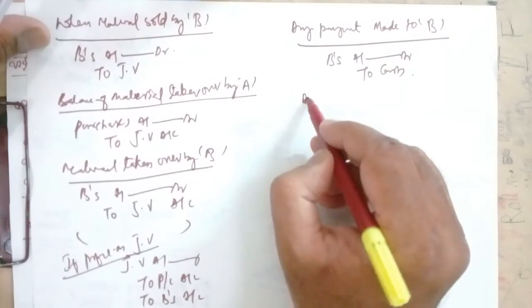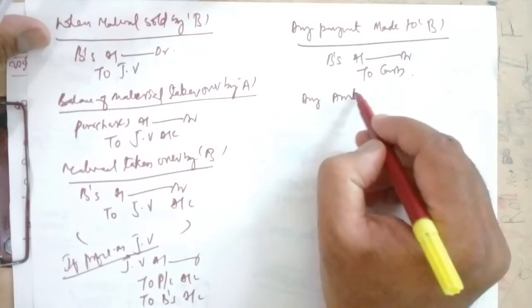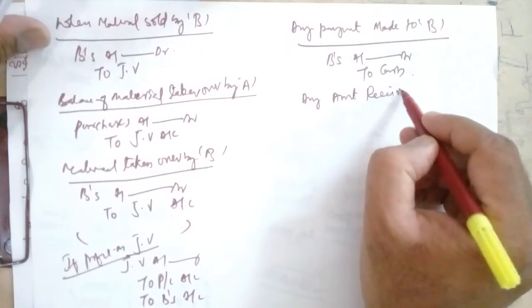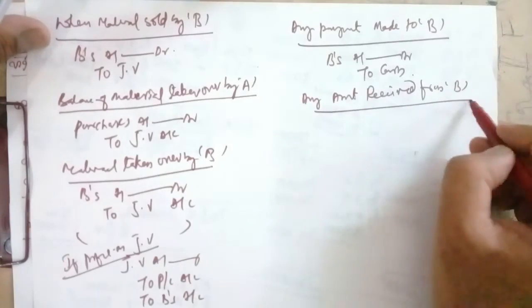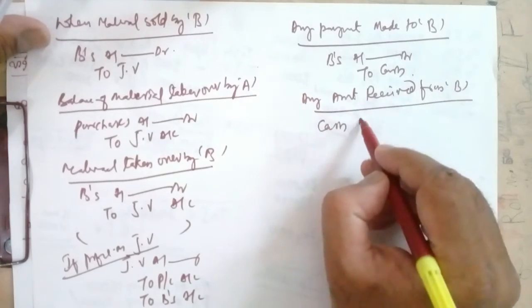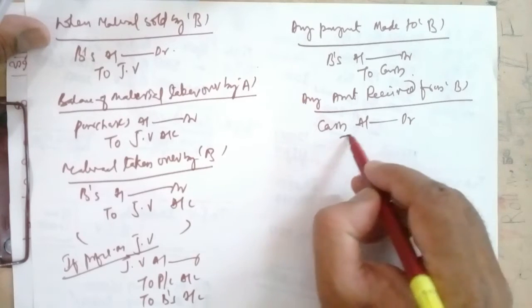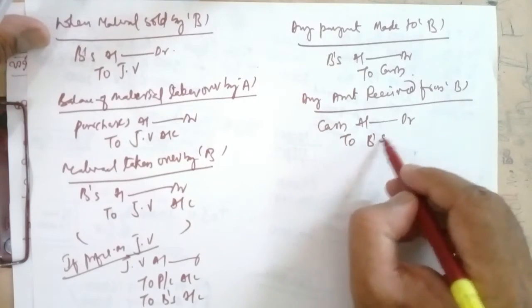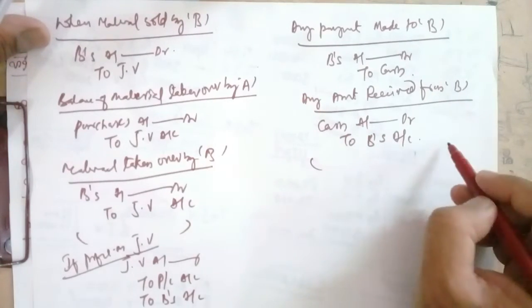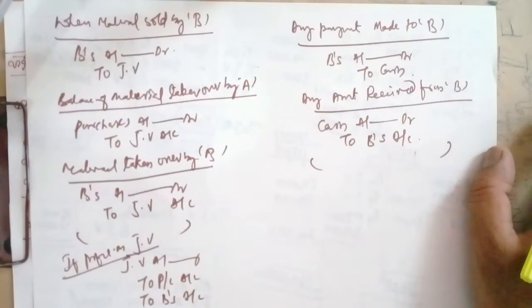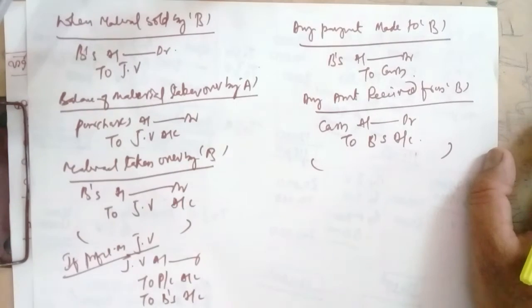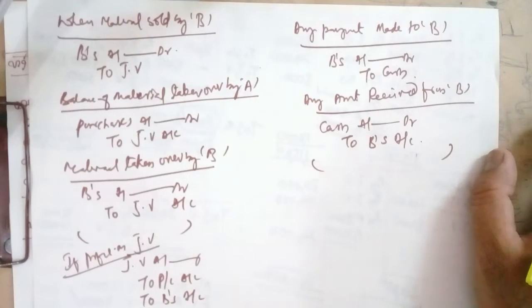In the same way, any amount received from B, the entry would be cash account debit to B's account. So like this, the journal entries will be passed with regards to joint venture when no separate set of books of accounts are maintained. Right?